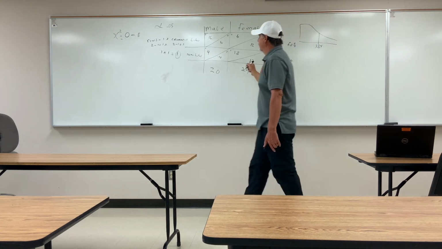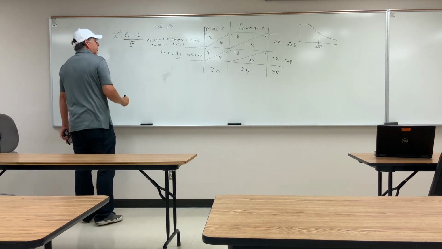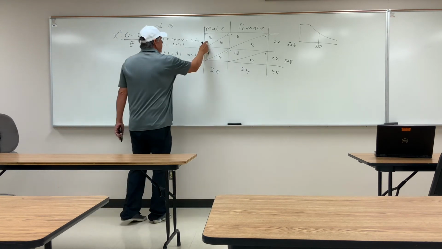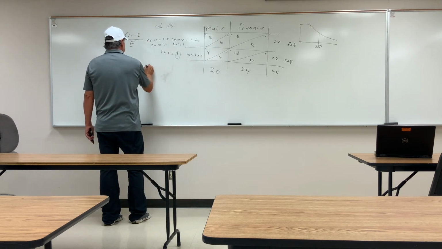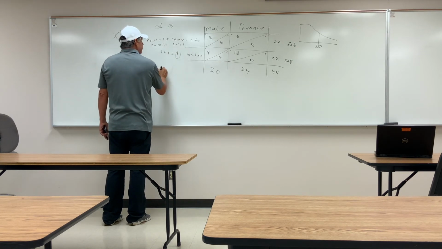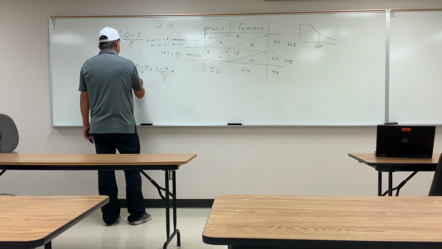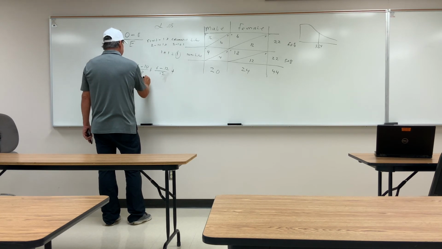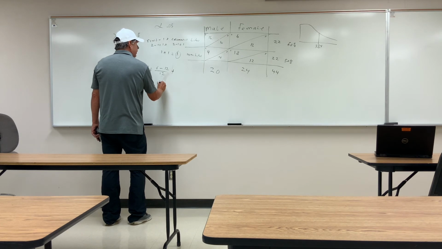Now, in order to do this, I need to work my formula. So I've got 16 minus 10 divided by 10 plus 6 minus 12 divided by 12 plus 4 minus 10 divided by 10 plus 18 minus 12 divided by 12.